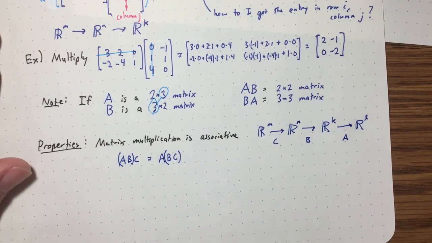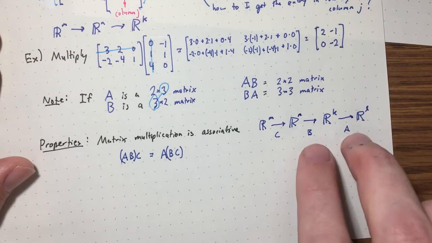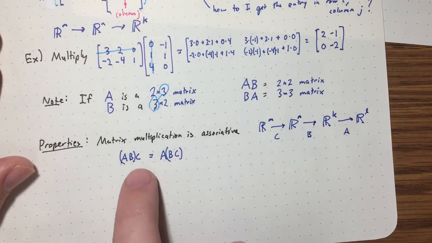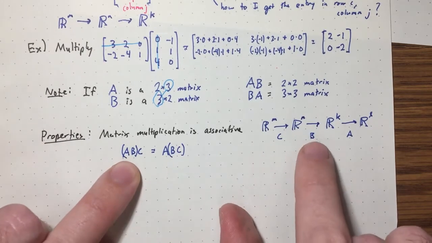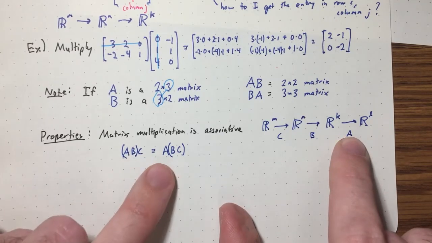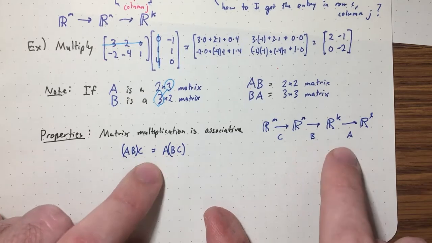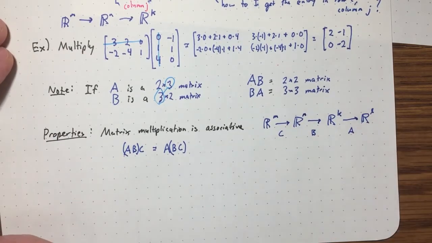And what is this saying? It's just saying if I do C and then B and then A, that's the same as doing C and then B and then A, right? Everything's just going along this line.